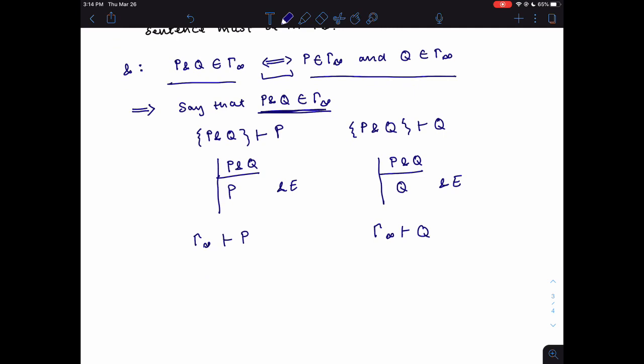JOVE says that if gamma infinity allows you to derive something, then that thing must also be a member of gamma infinity. So by JOVE, using the exclamation, P is a member of gamma infinity, and Q is a member of gamma infinity. And that proves exactly what we wanted. We started from the antecedent up here, and we ended up with the consequent down here. All right, so that completes one direction of the proof.